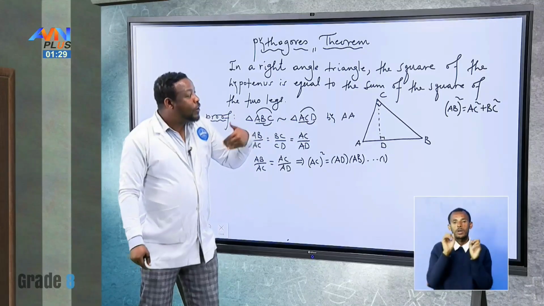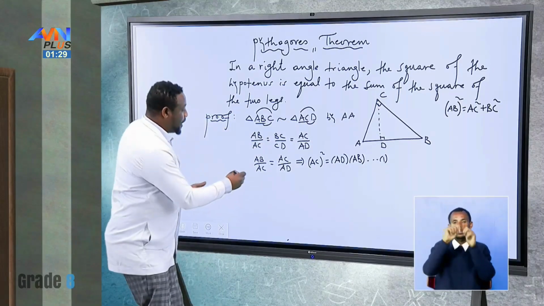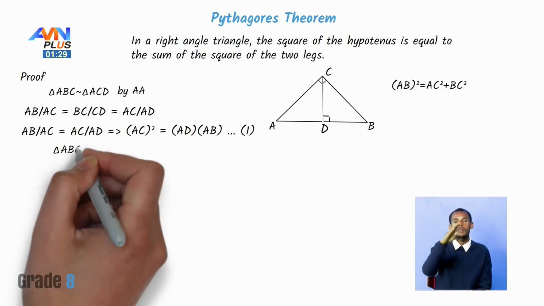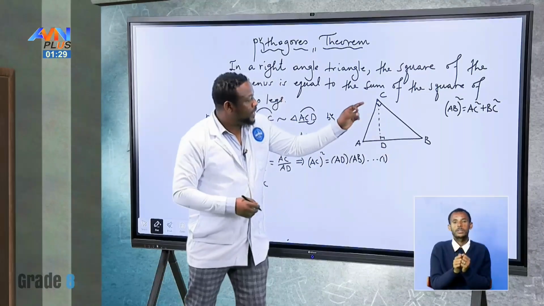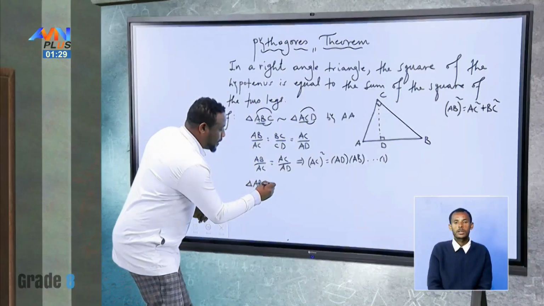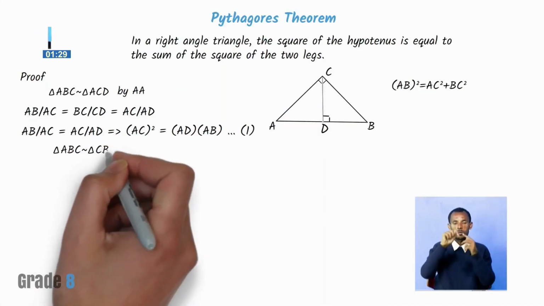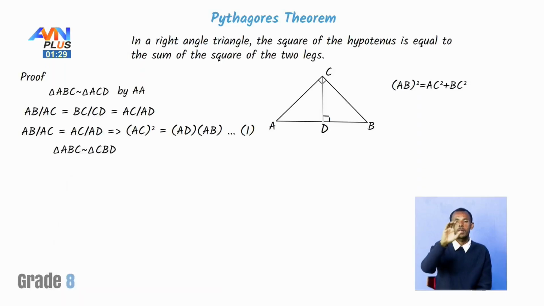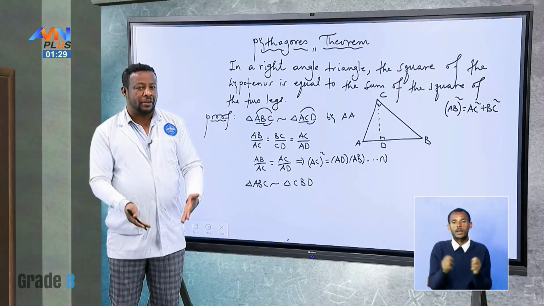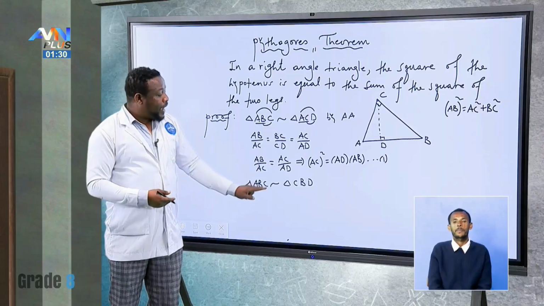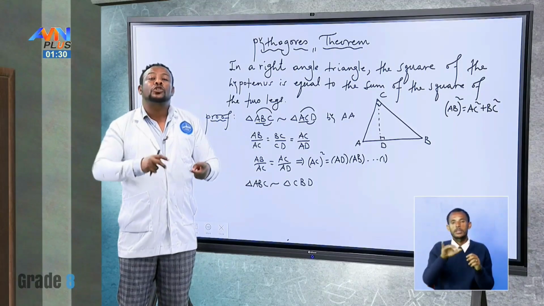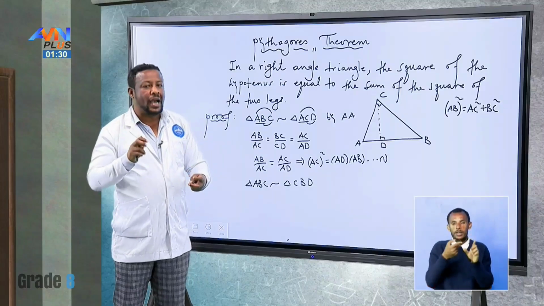Now let's take another triangle. Let's compare triangle ABC with BCD. This is similar to triangle CBD. Why do you think these two triangles are similar? Triangle ABC and triangle CBD are similar because these two triangles have two congruent angles.